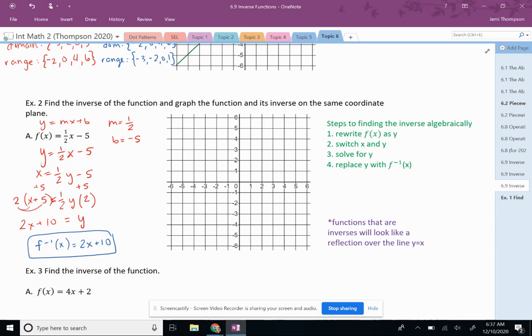So on my coordinate plane, I have a y-intercept of -5 and a slope of up 1/2. And I get this graph way down here. Now this is a linear function. Go ahead and draw that line. This is f of x.